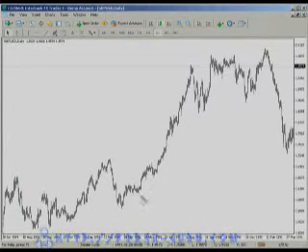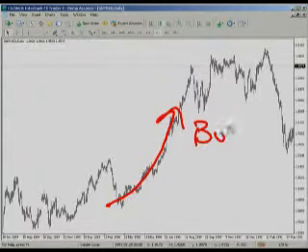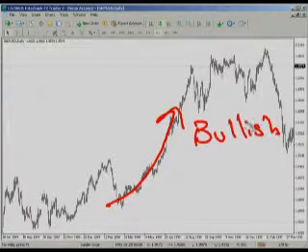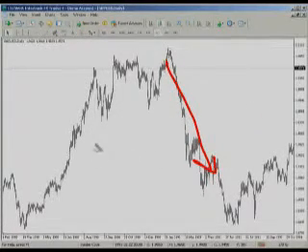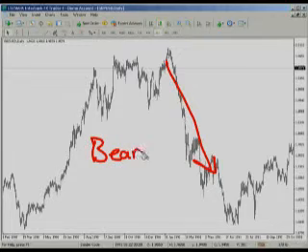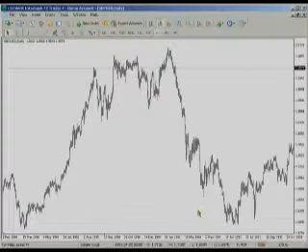When the market is trending up, then the majority of traders are thinking bullish. If the market is trending down, then the majority of the traders are thinking bearish. That's it. So by identifying the trend, we are simply identifying where the majority of traders are thinking.